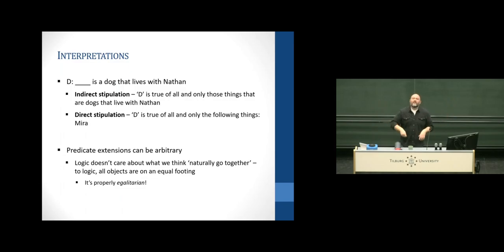Let's have the predicate, I don't know, P be is prime. What's the extension of being is prime? Well, crap. We've got a hell of a lot of work to do before we figure that out. Probably an infinite amount of work. So again, indirect stipulation: you specify a property, and then you go and see what objects in the domain do or do not have the property.